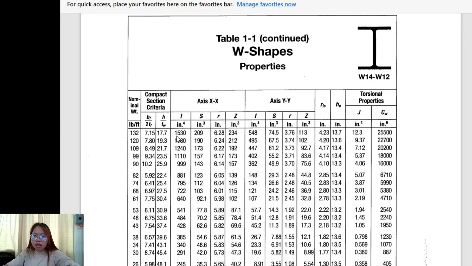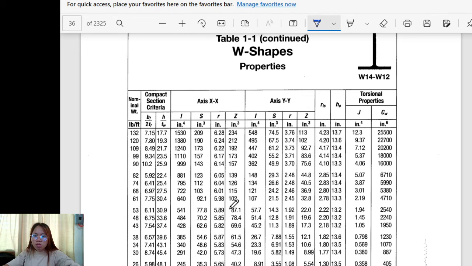I think it is on the second page. For W14 by 68, the value for Z sub x is equal to 115.